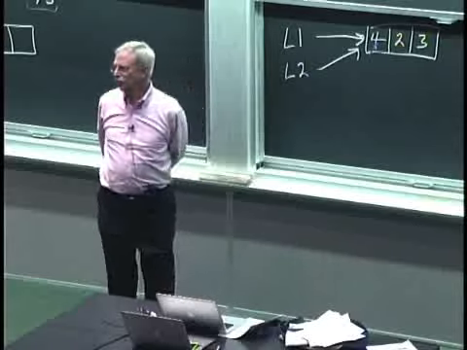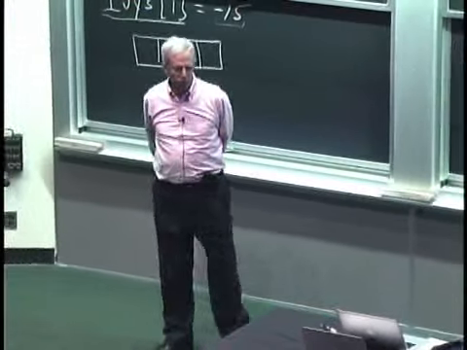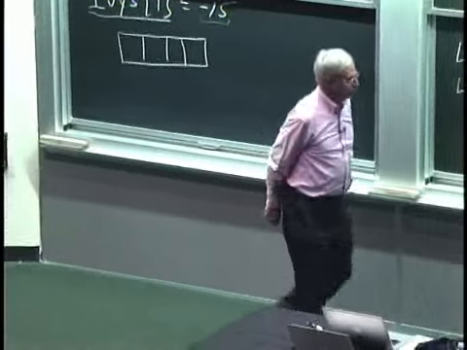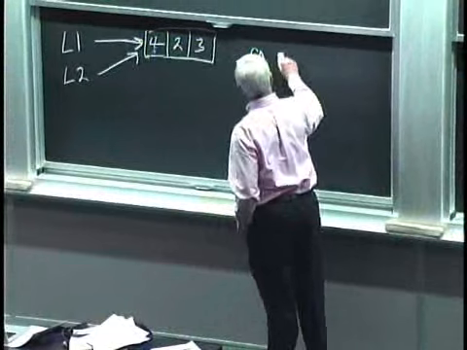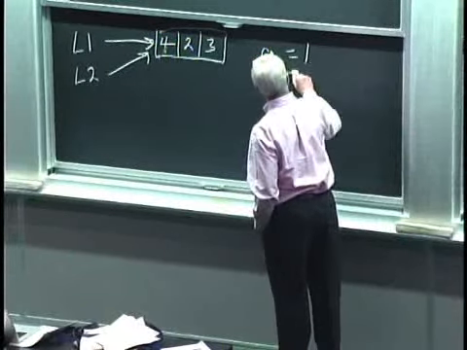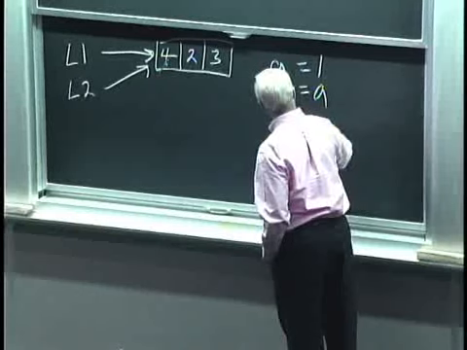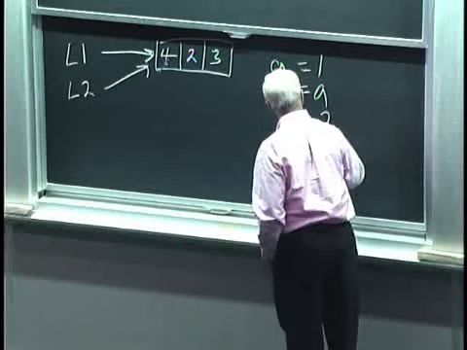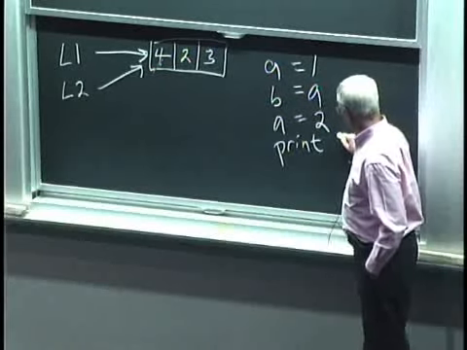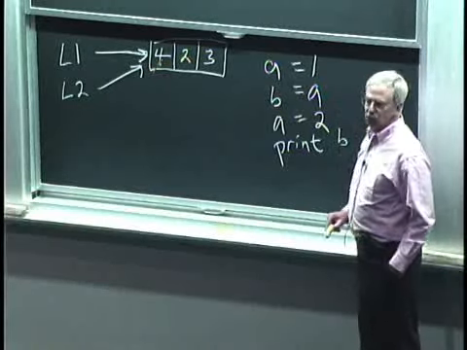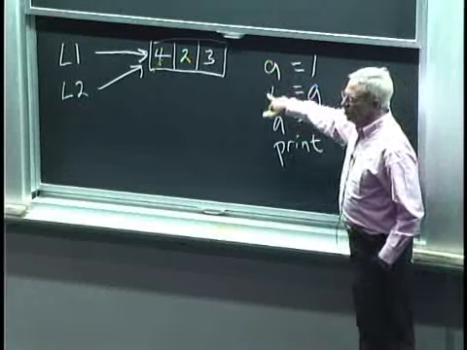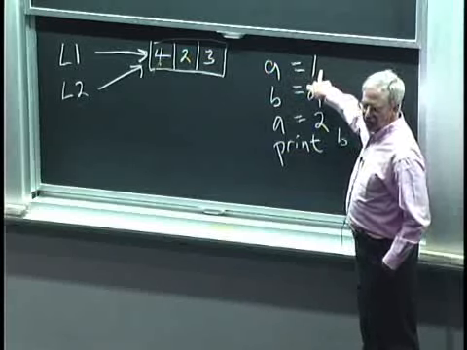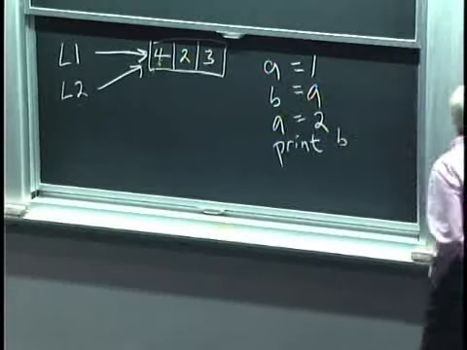So the question is, if A is assigned 1, B is assigned A, A is assigned 2, and then if I print B, I'll get 1. Because these are not mutable, this is going to be assigned to an object in the store.